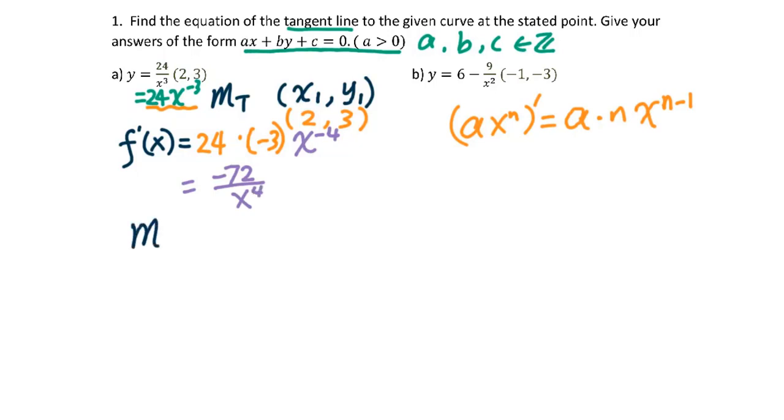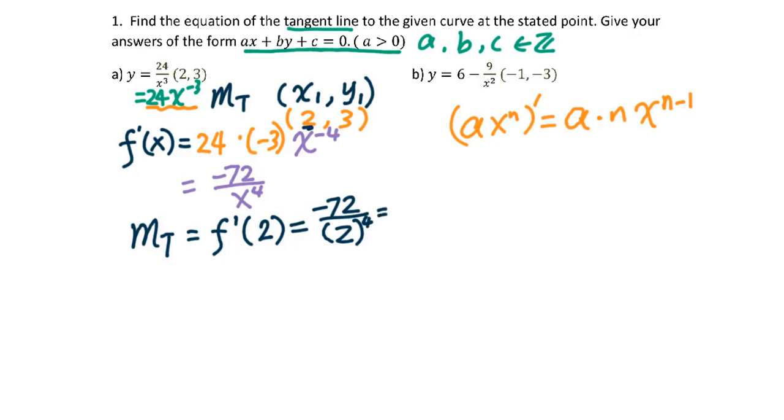Since the slope of a tangent line is the gradient, it equals f prime of 2. You need to substitute this 2 for x into this derivative function. So you will get negative 72 over 2 to the 4th power.